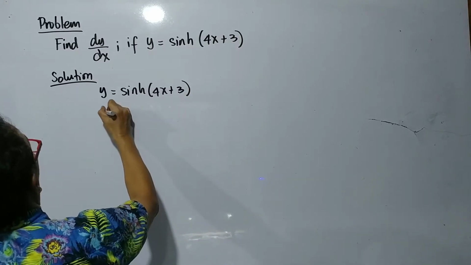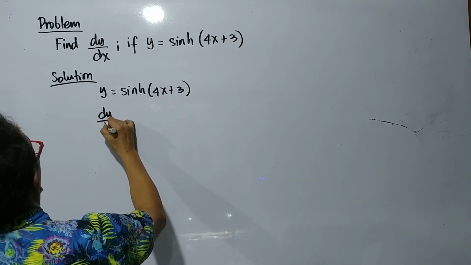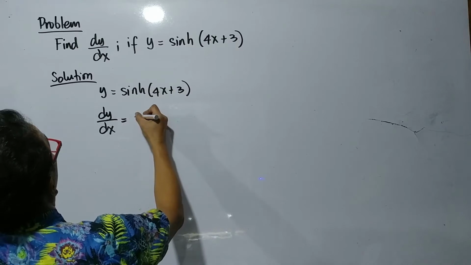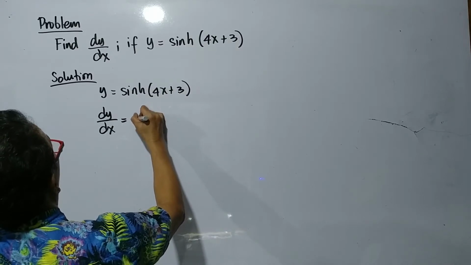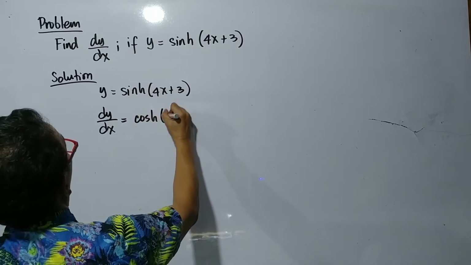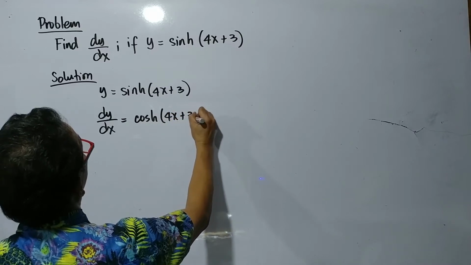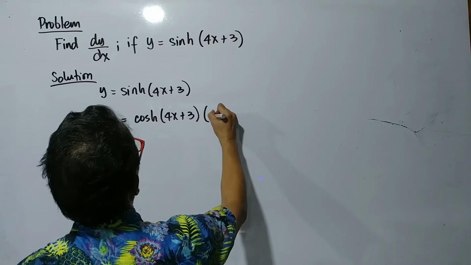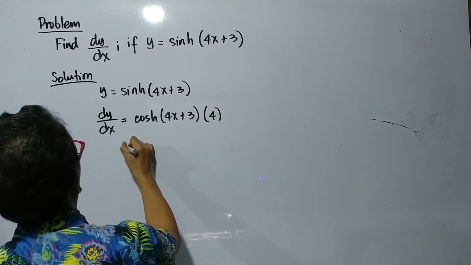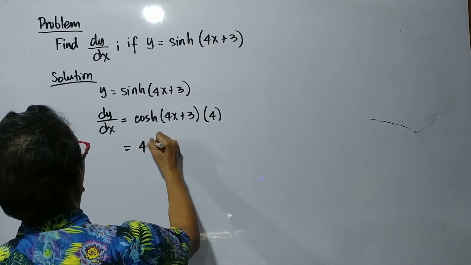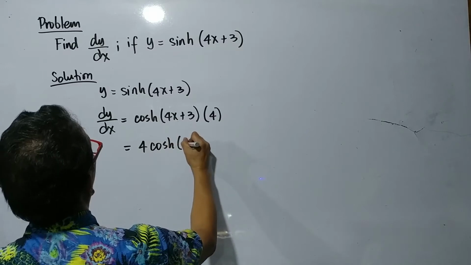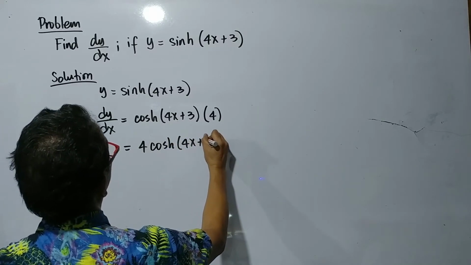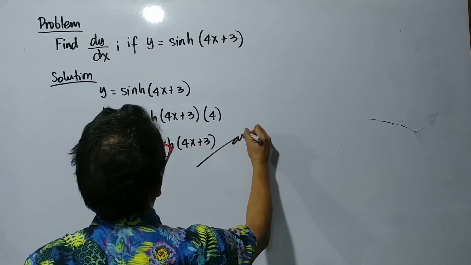Our dy/dx now is equal to the hyperbolic cosine of 4x plus 3 times the differential of 4x, which is 4. We have now 4 hyperbolic cosine of 4x plus 3. That's your answer.